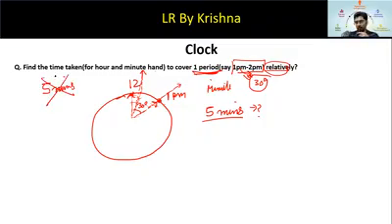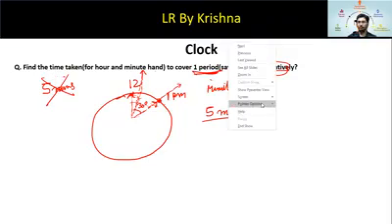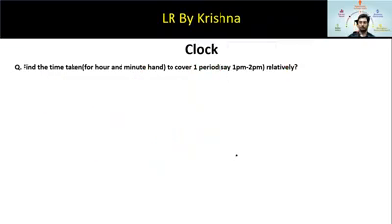So what will be the answer? Okay, how Ayush? How Rishabh? You both are correct, but how? To cover one period relatively, again I will use speed equal to distance upon time.